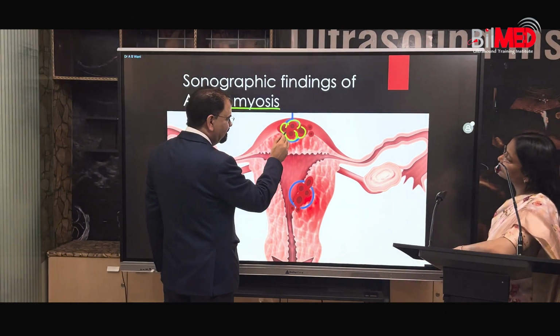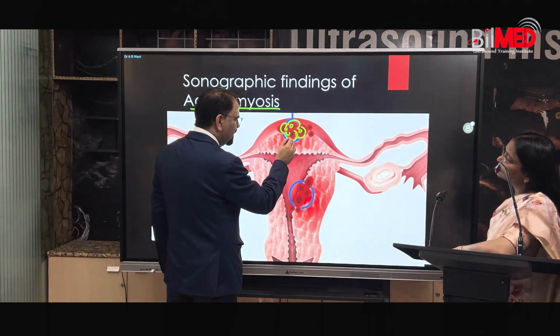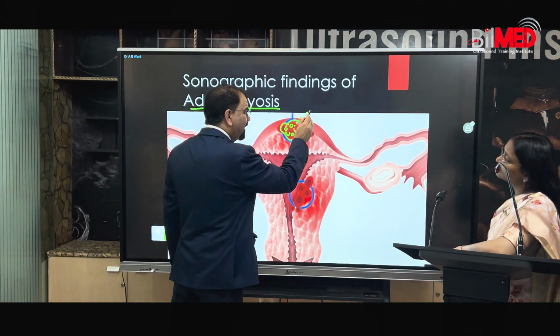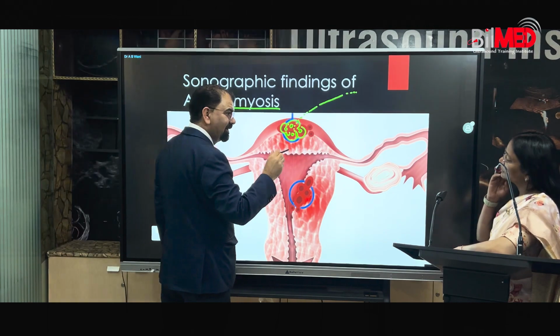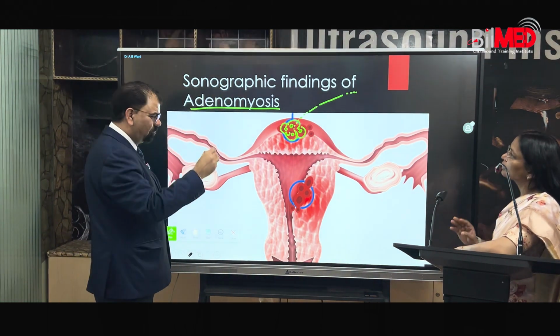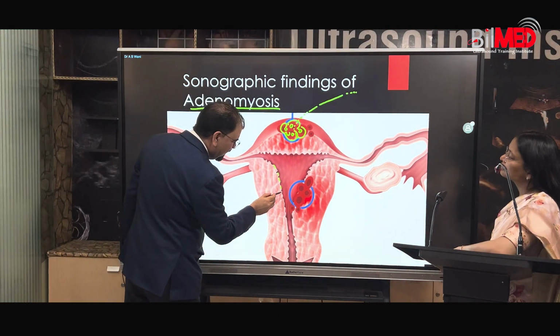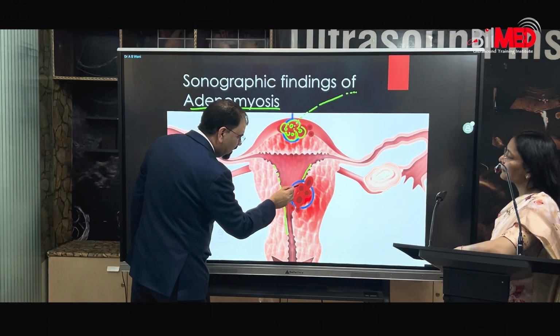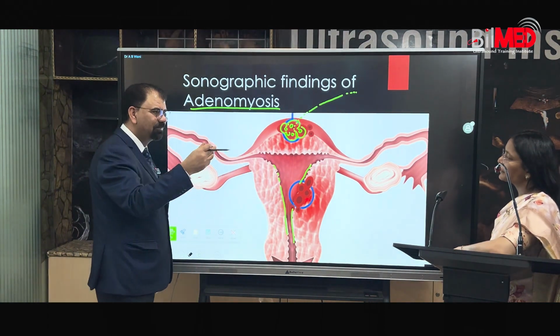But this adenomyotic patch is hormonally connected with the main endometrium. I am using the word hormonally connected.